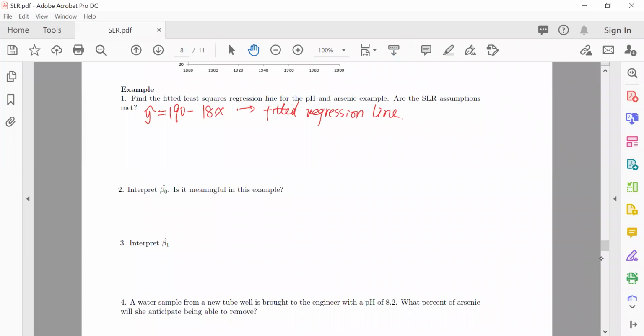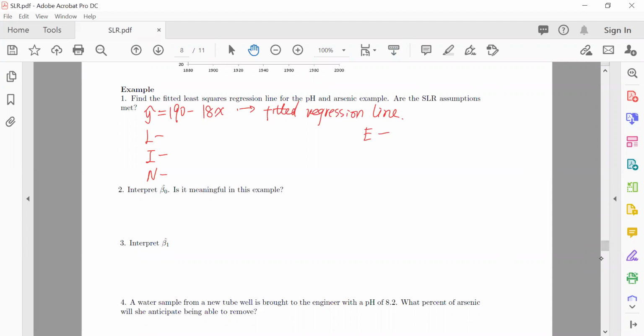Now let's take a look at the SLR assumptions. Do you still remember the 5 assumptions we have talked about? First, is it linear? Second, are the samples independent? Third, are the residuals normal? Fourth, do the residuals have equal variance?